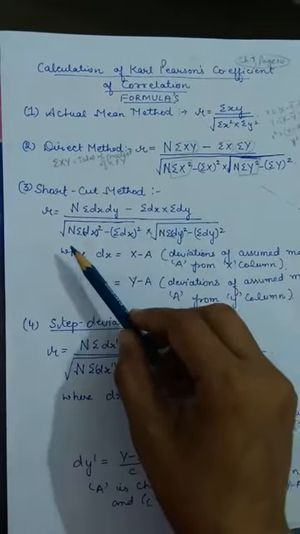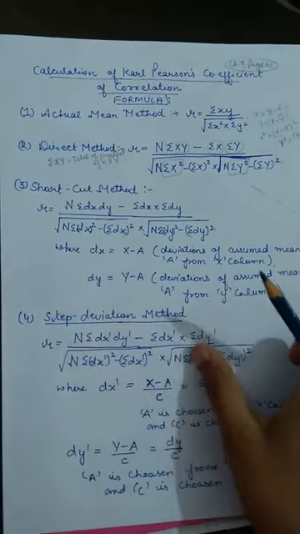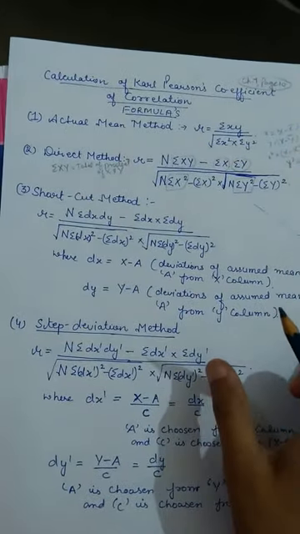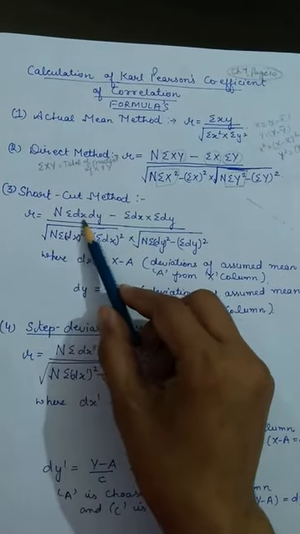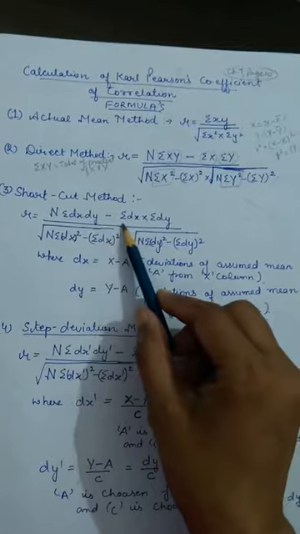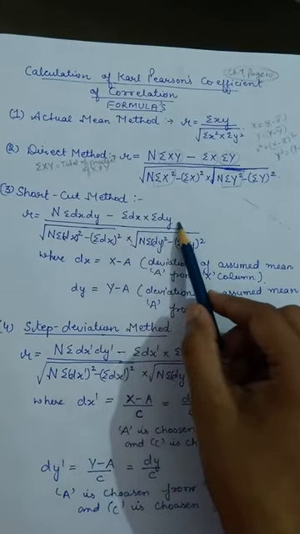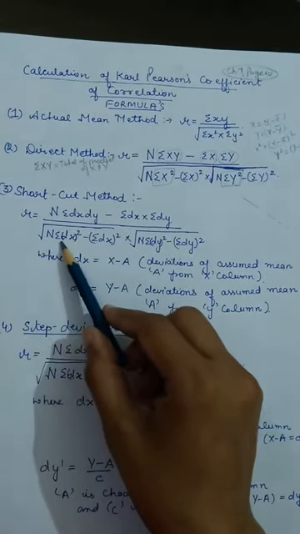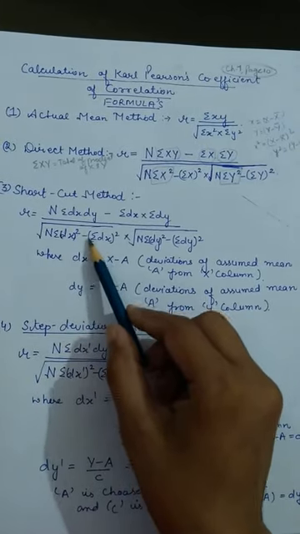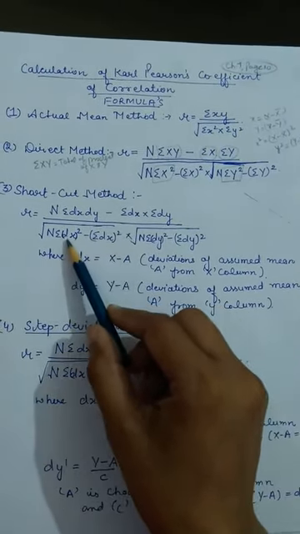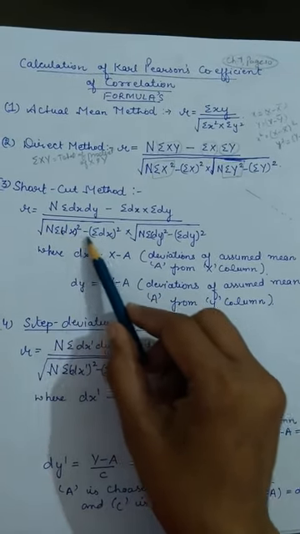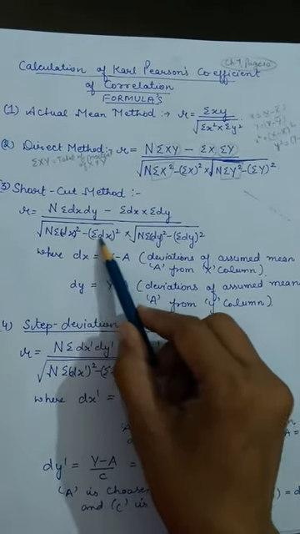The next one is your shortcut method. In this shortcut method, the formula which you will be using is n into sigma dx into dy minus sigma dx into sigma dy upon n sigma dx square minus sigma dx whole square. Here beta, it is whole square of only dx and here it is whole square of sigma dx.